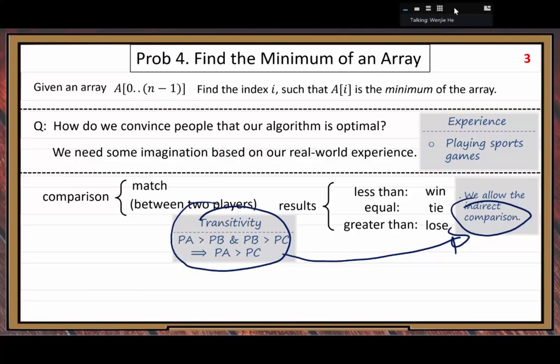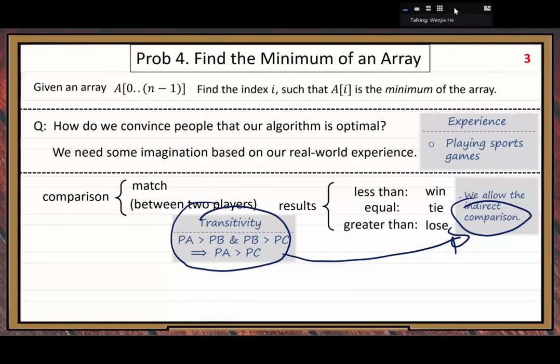Although this rule is not available in the real world situation, in our algorithm context, it is available. So we need to apply this transitivity property. So we have this indirect comparison concept. With that understanding, now we are ready for the story, a sequence of arguments to make our convincing story.